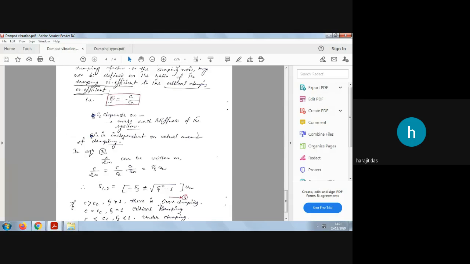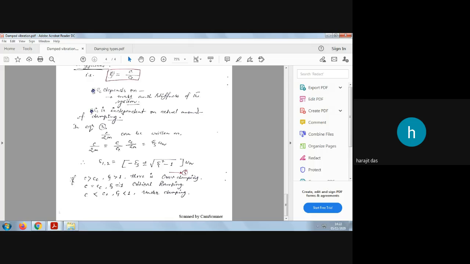This type of damping motion is called an over damping system. When the value of zeta is greater than 1, the vibration is called over damping vibration. When c equals cc, zeta equals 1, because the numerator equals the denominator.